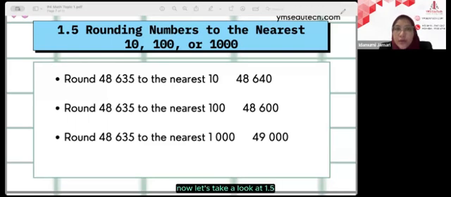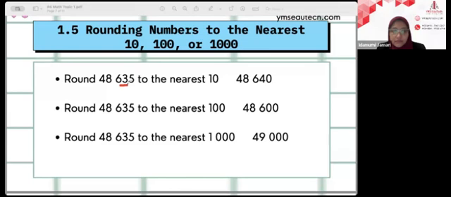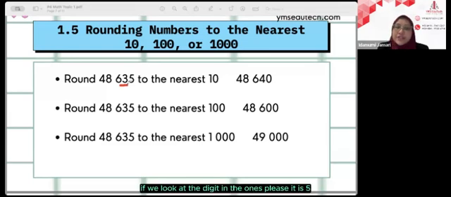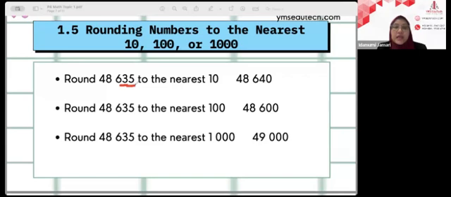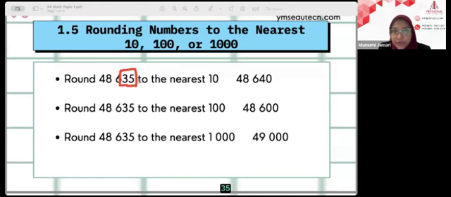Now let's take a look at 1.5, rounding numbers to the nearest 10, 100, or 1,000. First example, round 48,635 to the nearest 10. The digit that is in the tens place is digit 3. If we look at the digit in the ones place, it is 5. Let's focus our attention on these two numbers, 35.